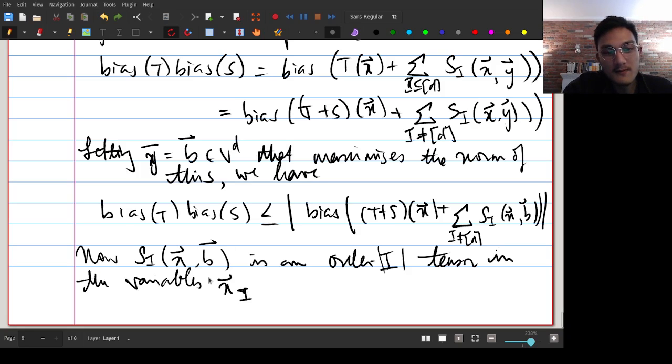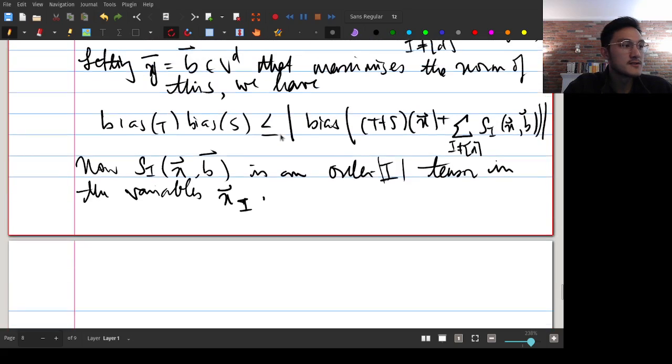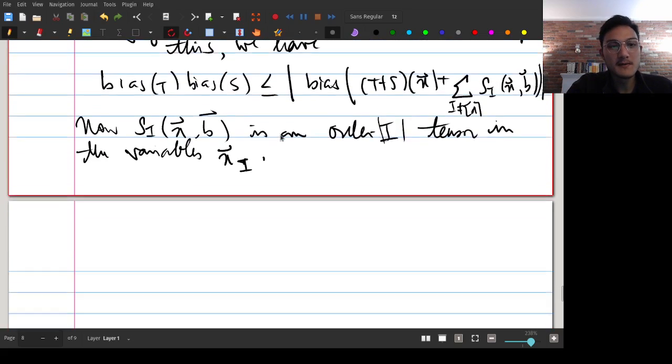Remember that for all variables indexed by I, it's x, and then for all the other ones it's b. So there's size of I many variables. So now we can apply the previous lemma.